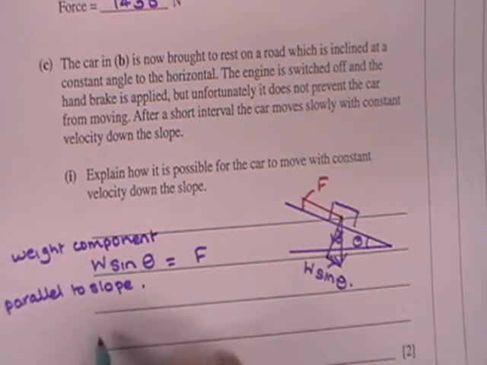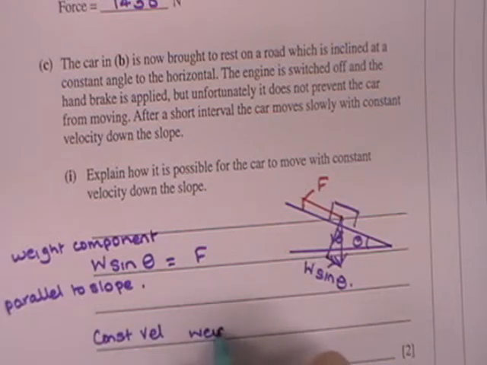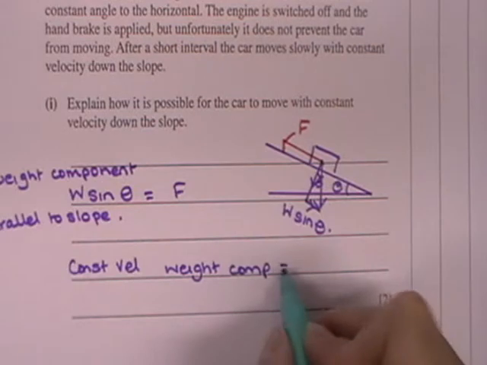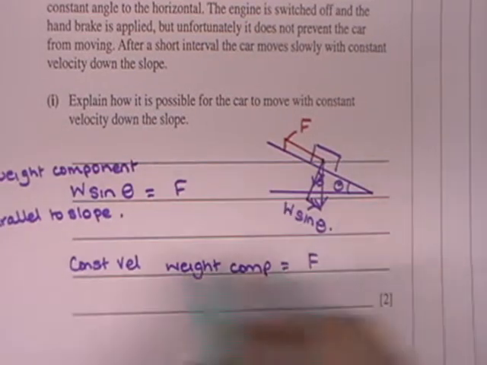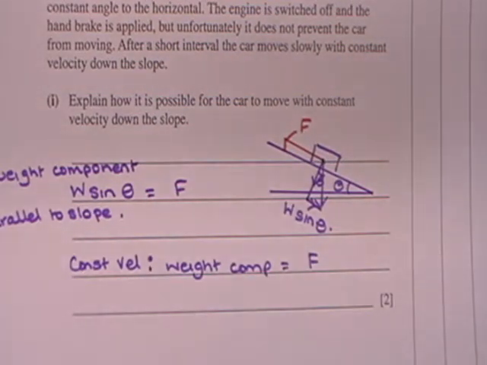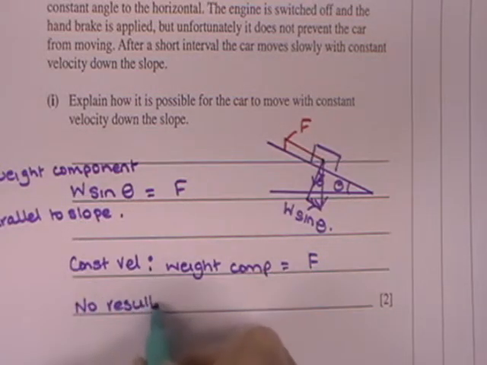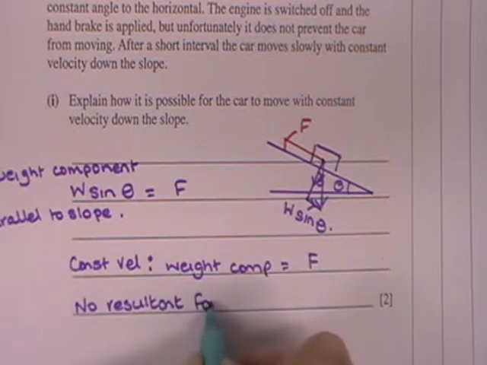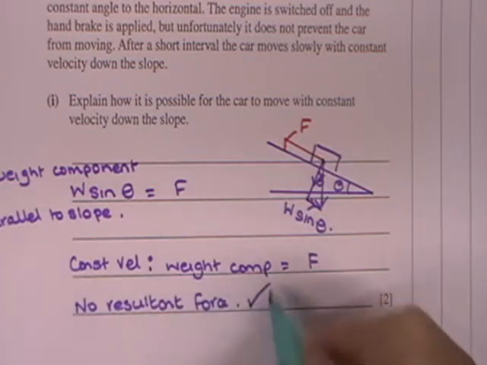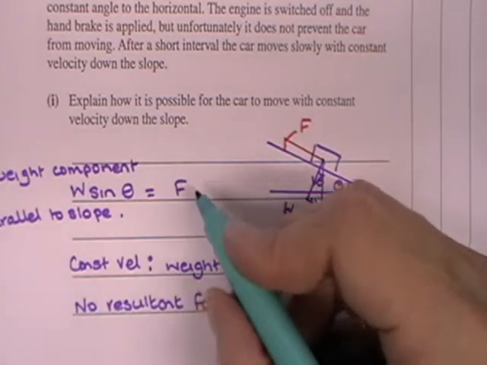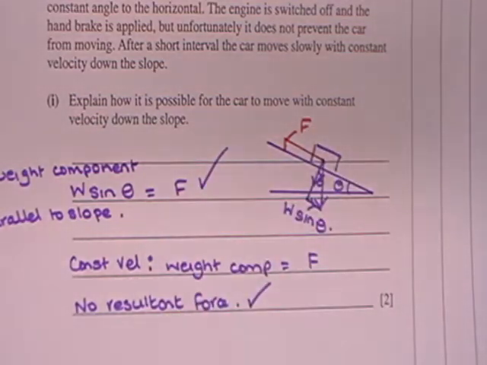Now, if it's moving at a constant velocity, then the weight component is equal to the frictional force. And that's how it can move at a constant velocity, i.e. there's no resultant force, and therefore no acceleration. So there's a mark there, and then a mark there about the weight component.